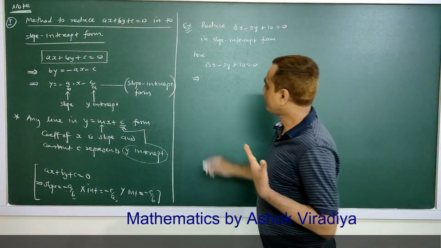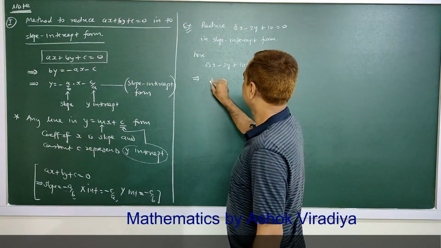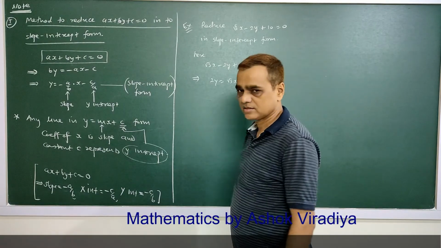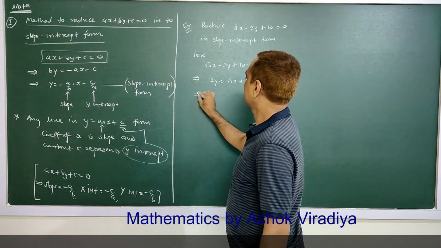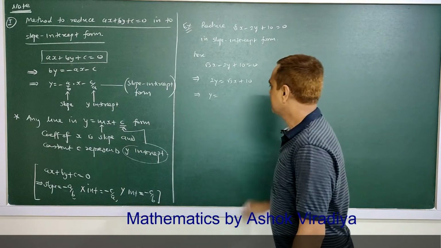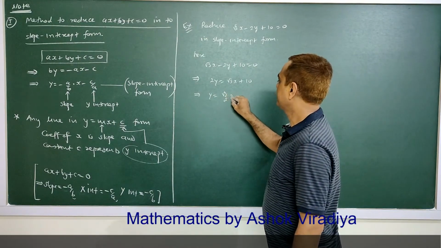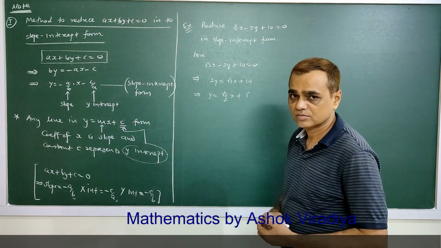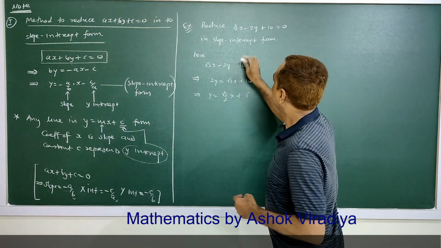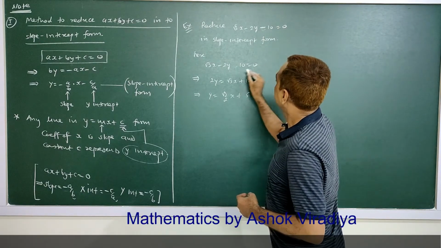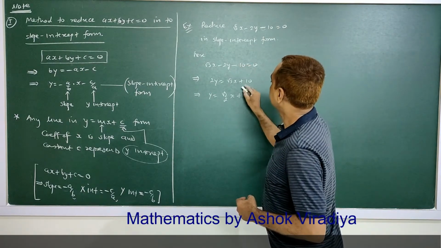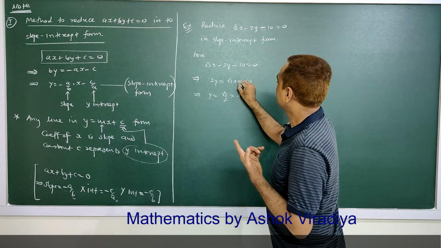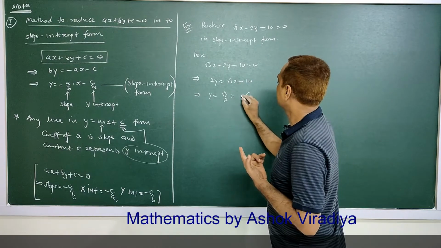Now getting the value for y, performing this procedure, 2y is root 3x plus 10, that is y is root 3 by 2 into x plus 5. If I keep here minus 10, this will be root 3x minus 10, so this will be minus 5.